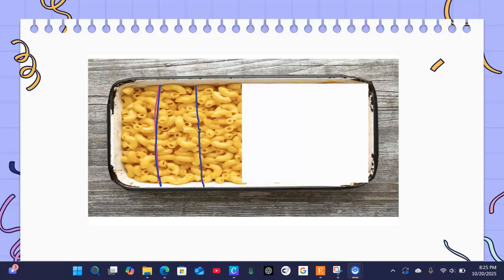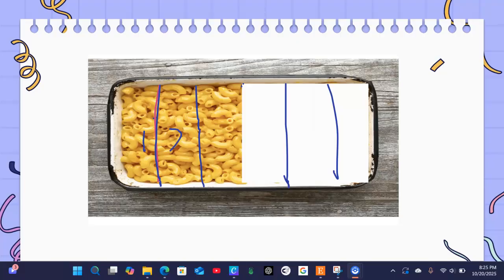But I have to remember that if I'm making it vertically that way and I have 2 lines, in order to make this accurate, I'm going to partition here and here. So I have 3 pieces here and I have 3 pieces here. That would be a total of 6.